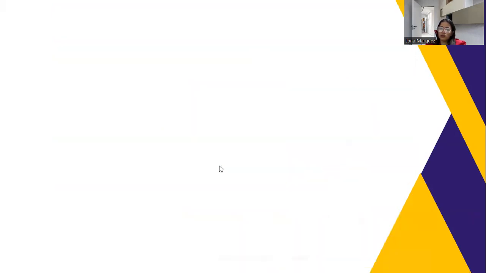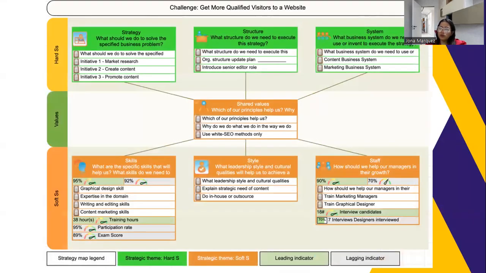So, another example, depende yan kung paano mo gagawin as an organization. Ito, ganito naman, more on infographic ang ginawa nila. So, nandiyan pa rin yung 7S, pero in-identify lang nila dito yung hard, yung soft, saka yung pinaka-values ng company.